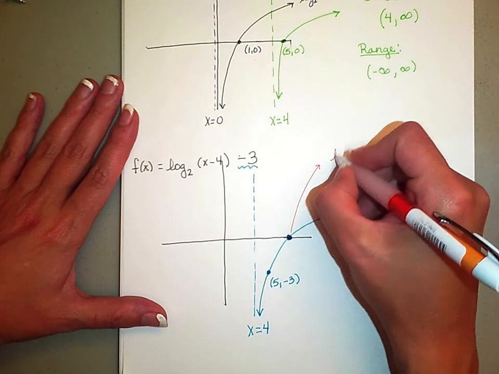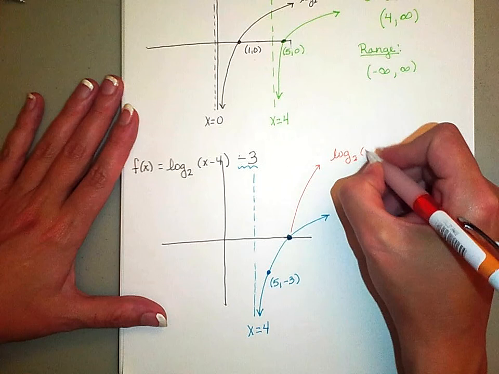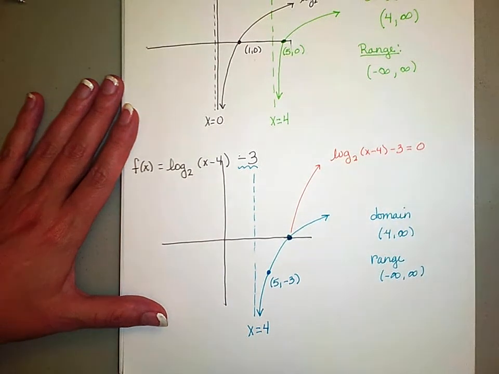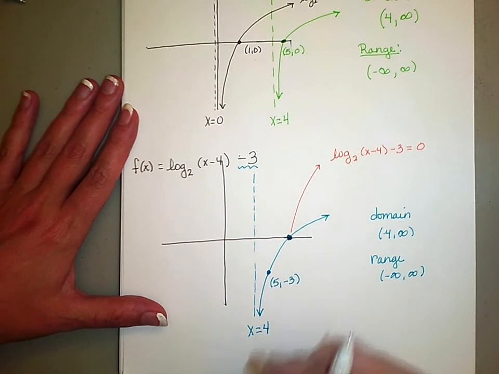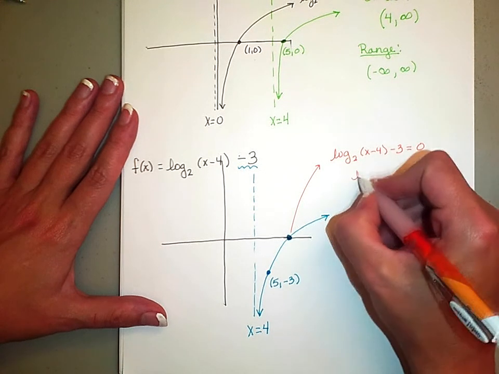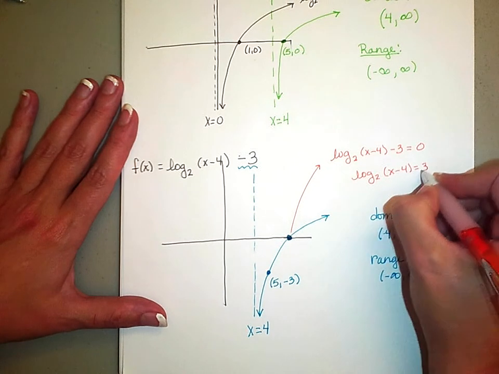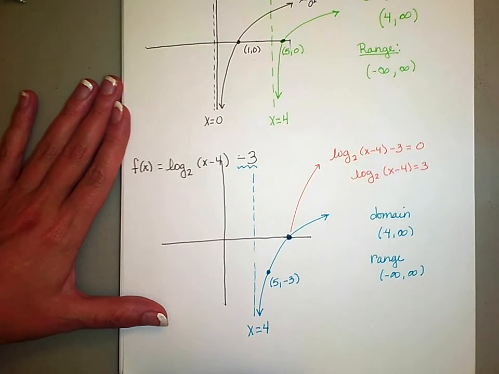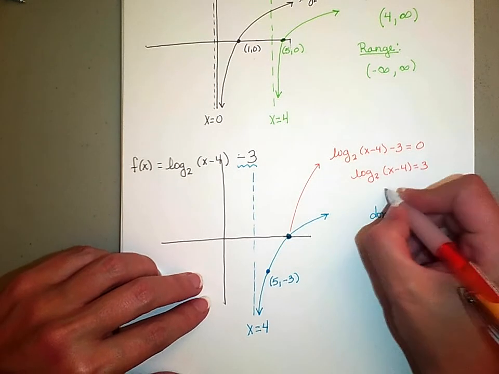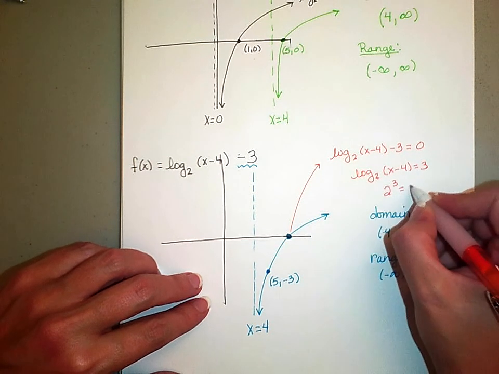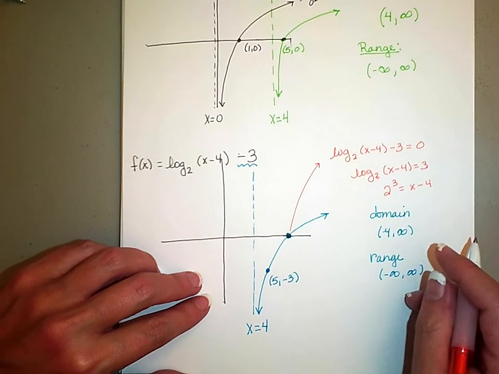So what will happen when we take the log base 2 of x minus 4, minus 3 and set it equal to 0? Well, let's isolate this logarithm. This would be the log base 2 of x minus 4 is equal to 3. And then I could write this exponentially. I could say, well, 2 cubed equals x minus 4.